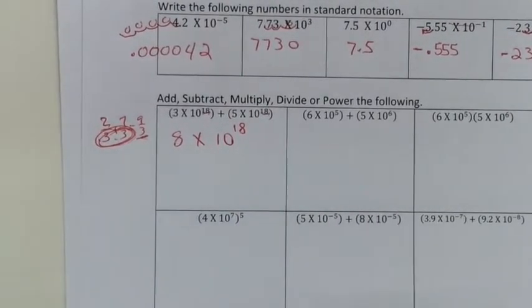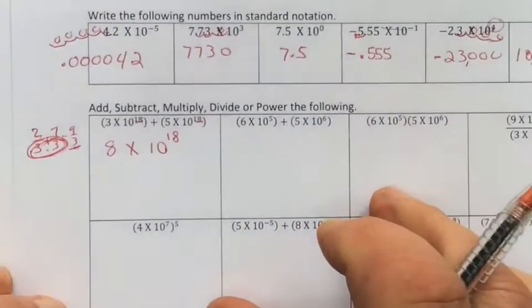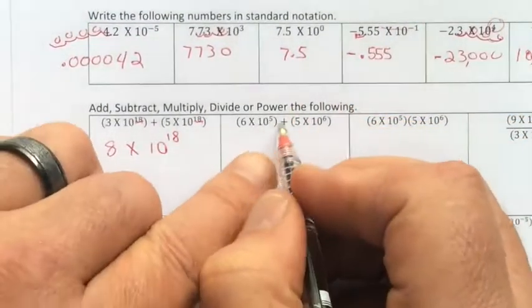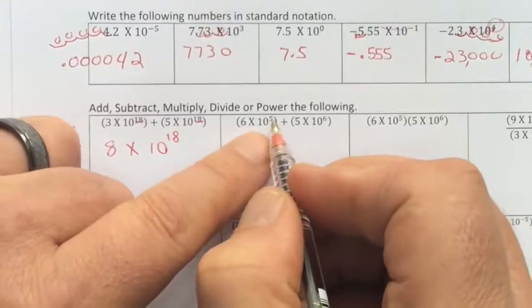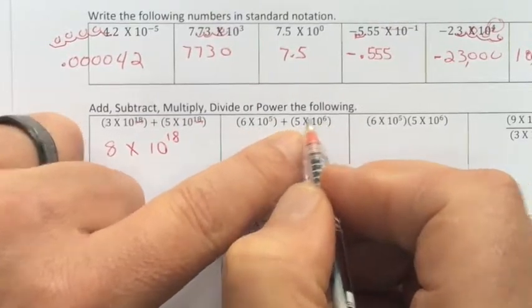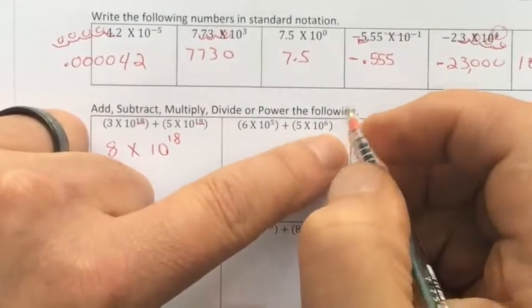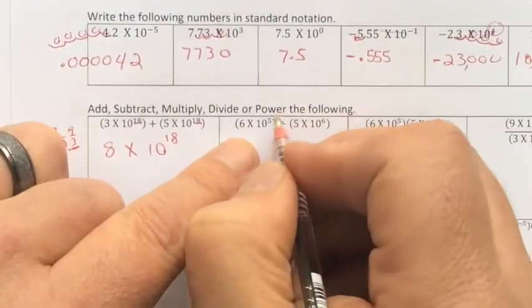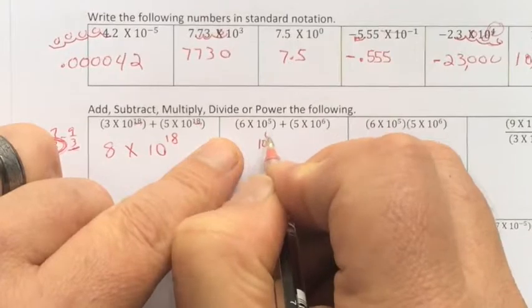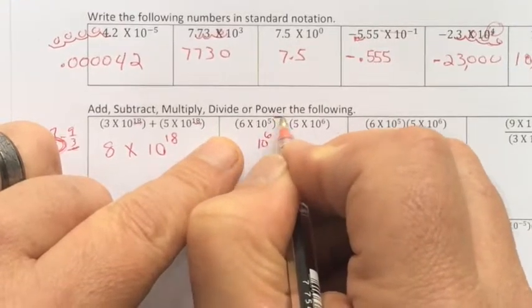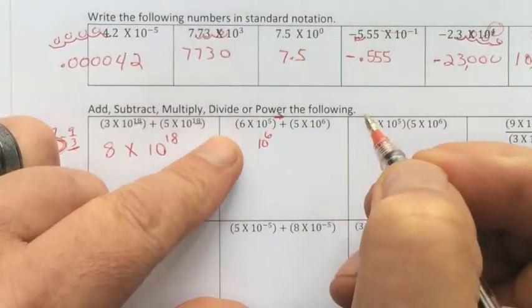Okay, so that first one was pretty easy, but if they are not the same, we cannot add them together. We have to get them to be the same. I have to make this one a 5 or this one a 6. Most people would like to have the bigger power. It doesn't matter which one. So if I make this a 10 to the 6, I moved that 5 one spot up the number line.